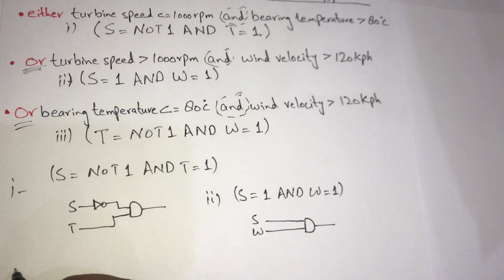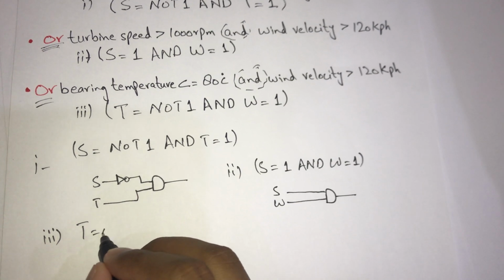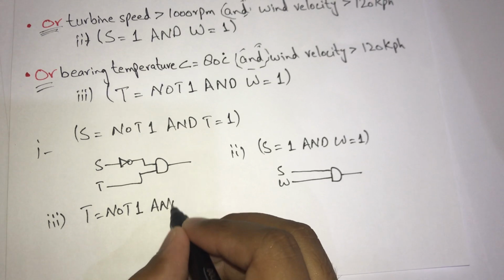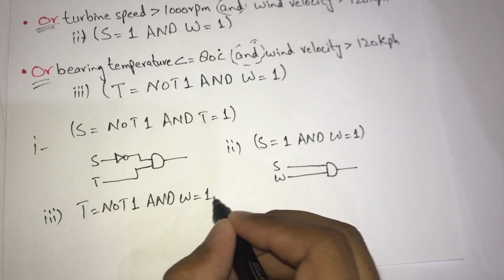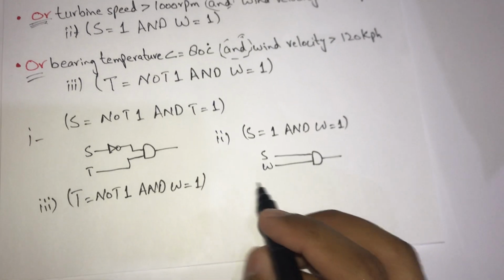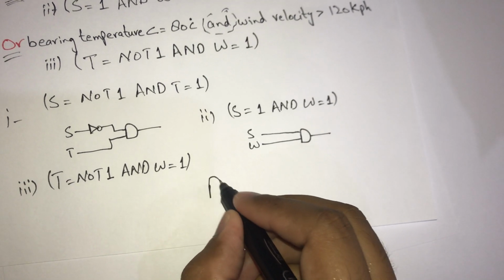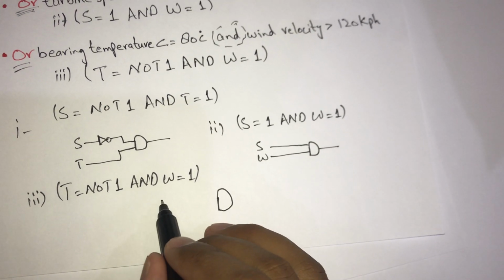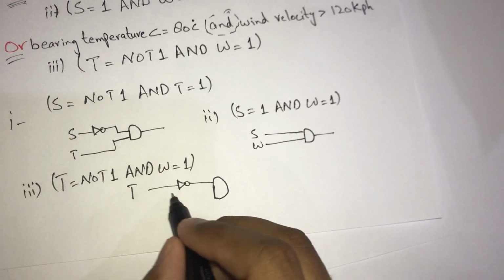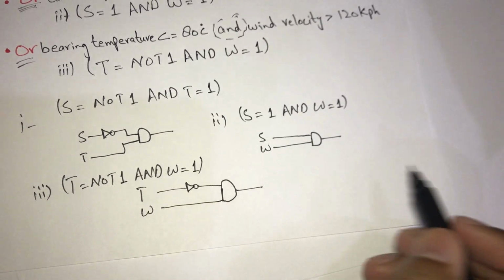For the third one, that is T is equal to not 1 and W is equal to 1. I will draw the AND gate over here. T is not 1, this is T, and W is 1, that will be W.